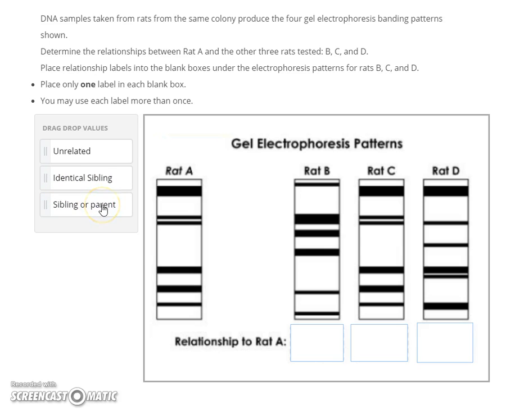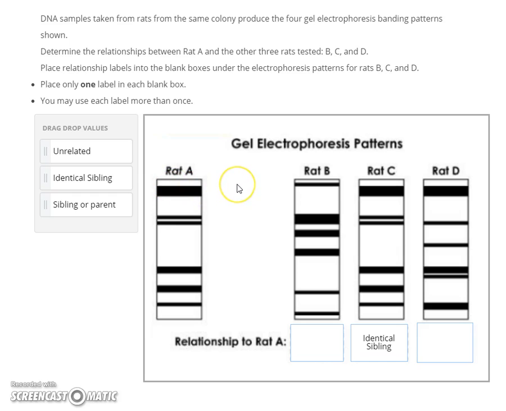So they're related but not identical. Remember, identical twins have the exact same DNA, so we should expect to see an identical banding pattern. So rat C and A, if we look at all of the bands, they all match. So rat C must be identical in DNA to rat A. So an identical sibling is rat C.